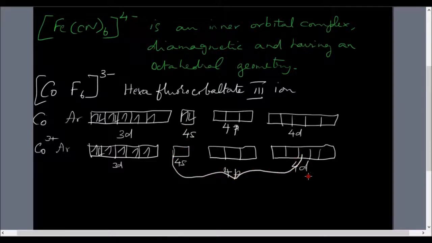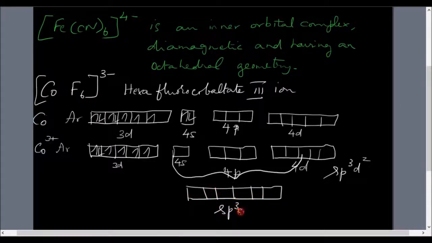It will form sp3d2 hybrid orbitals, 6 orbitals of sp3d2 type, which are equivalent in nature and are used for forming the bond with the ligands. These 6 vacant hybrid orbitals I will show separately, in which you have the electron pairs from the ligands located.